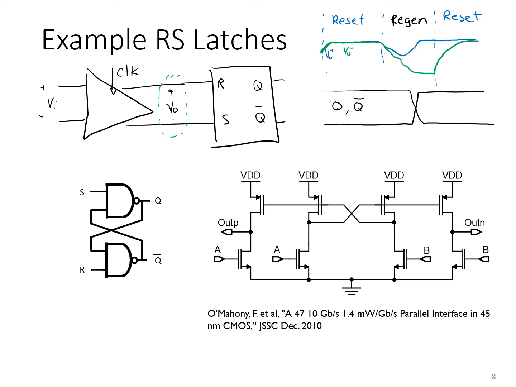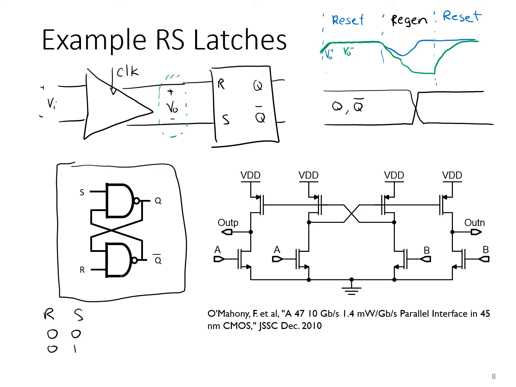Logically, one way to make an RS latch is as shown here. The truth table here would be, the key point is that when both R and S are high, the output of the RS latch is held.